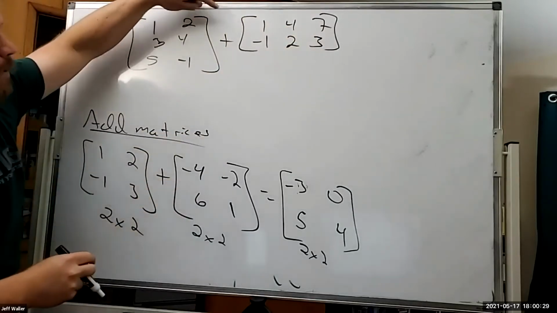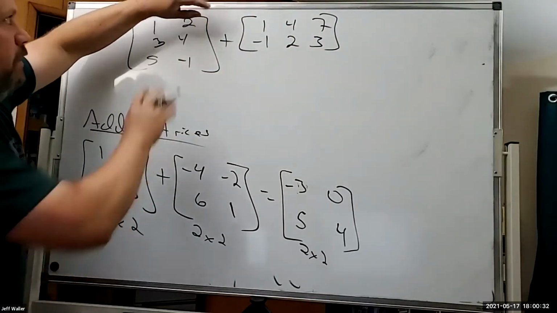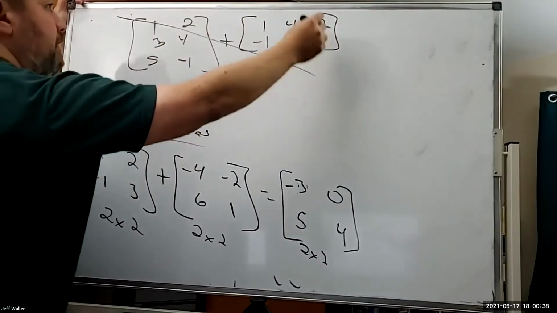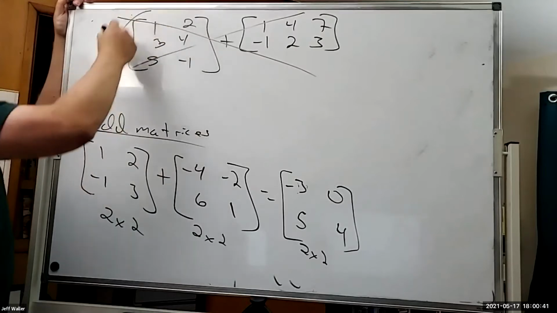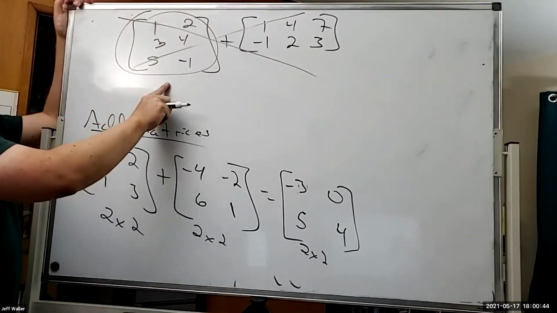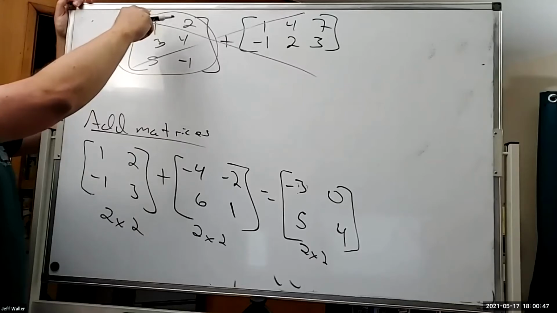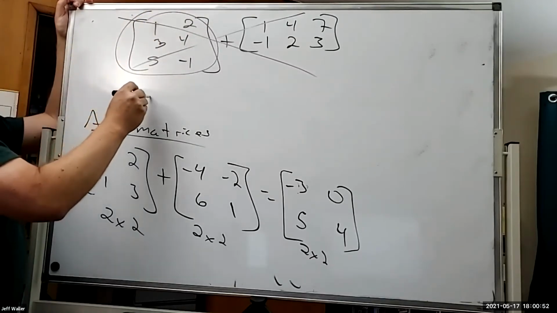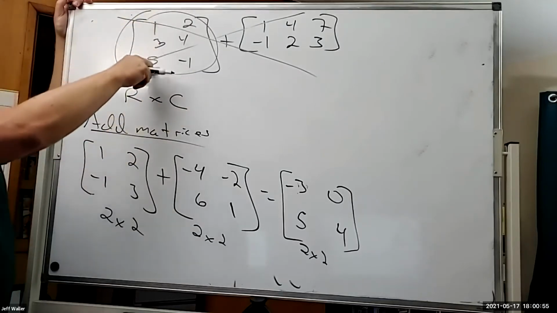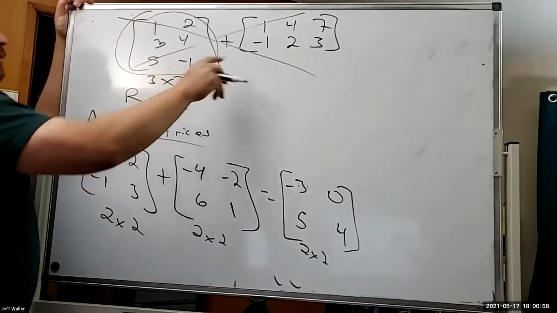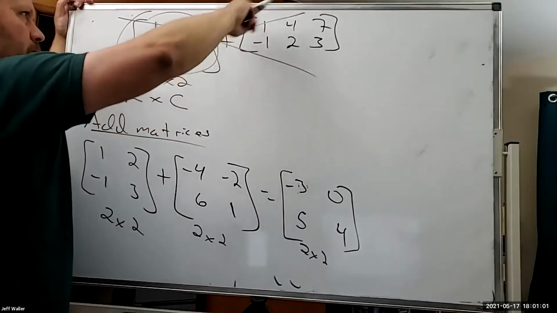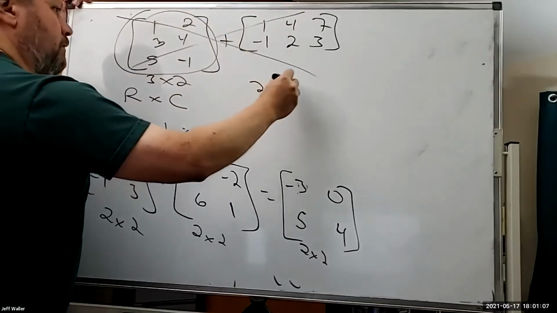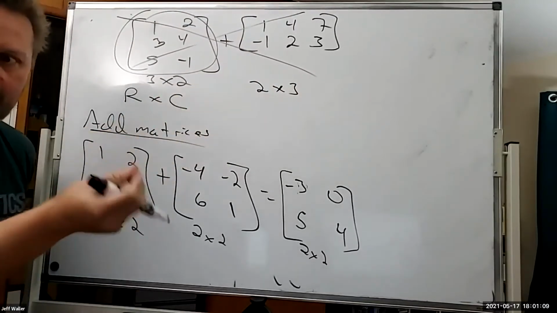It's not even 0. It's just absence of anything. I cannot add these together. What are the dimensions of this matrix? 3x2. So it's always rows by columns. 3 rows, 2 columns. This one is going to be 2x3. So obviously not the same dimensions. I can't add or subtract those.